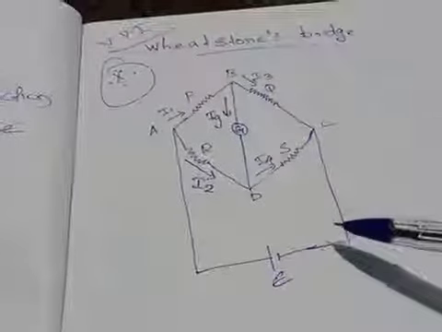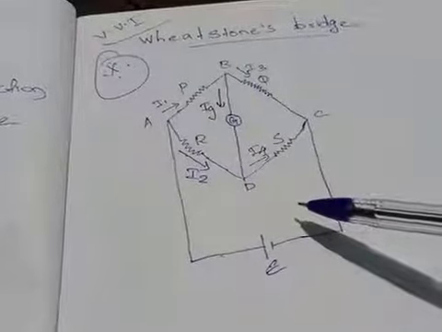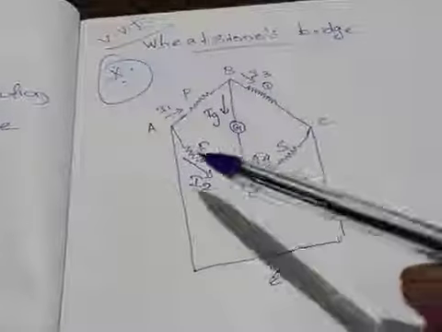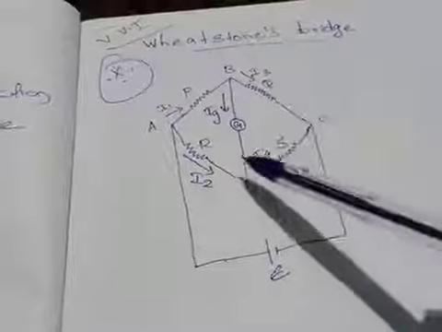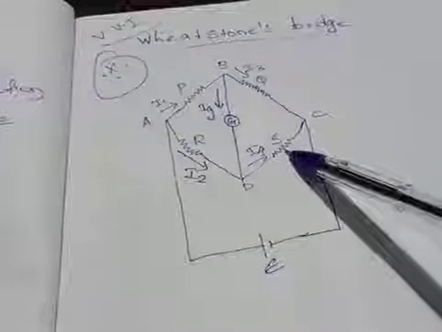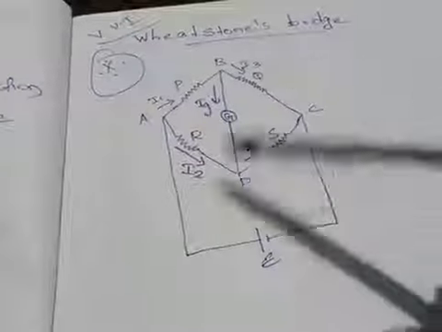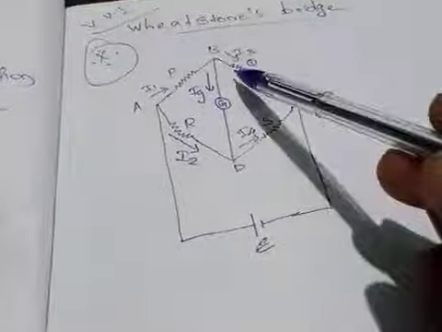And next you can describe the circuit. The four resistances P, Q, R, S are connected in the form of a bridge. This is what you can tell.